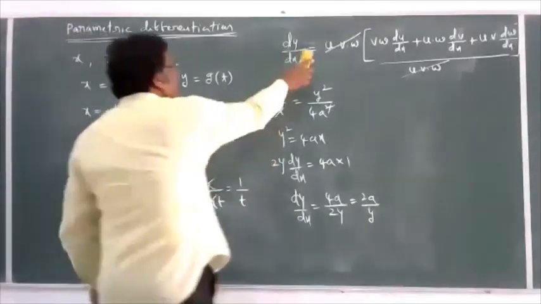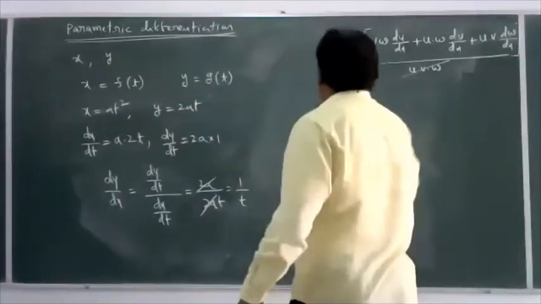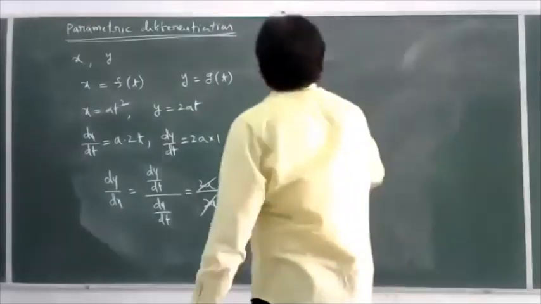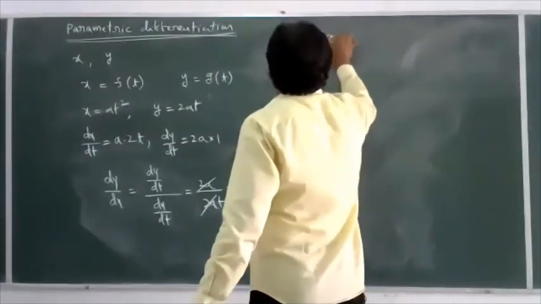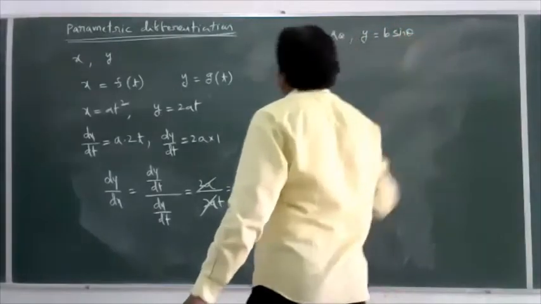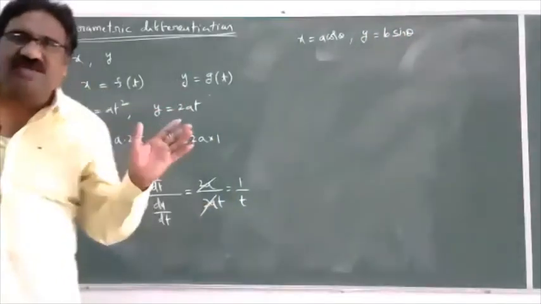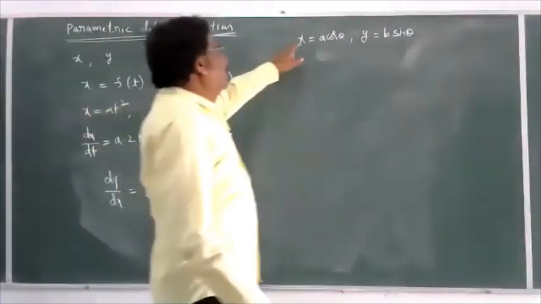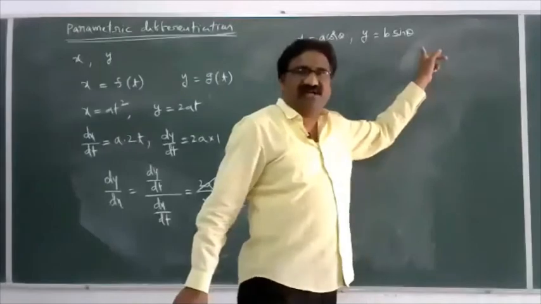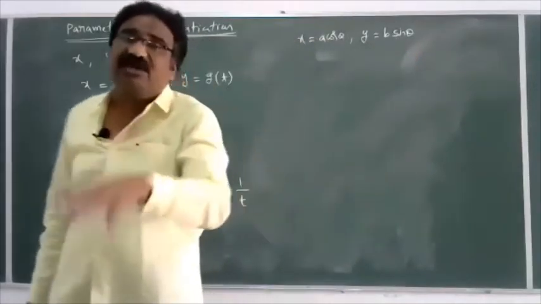For example, x is equal to a cos theta and y is equal to b sin theta. This is also a parametric equation. Here, x is a function in terms of theta, y is a function in terms of theta. That is, theta is the third variable here.